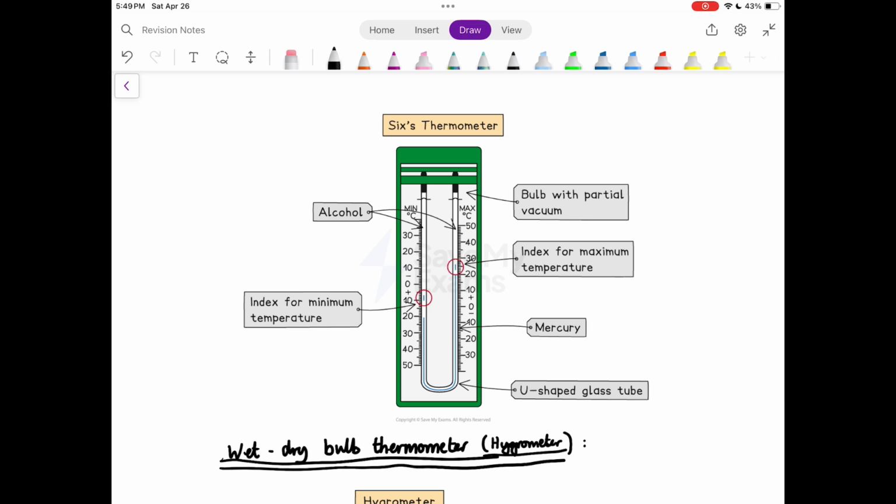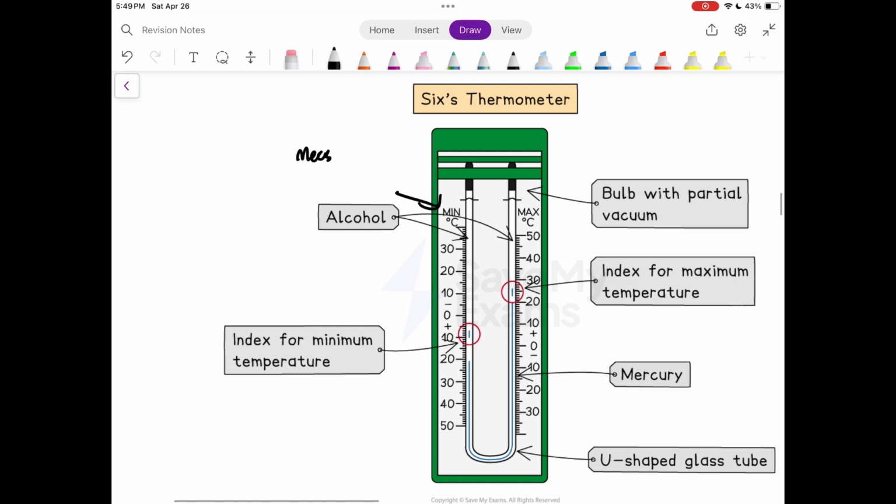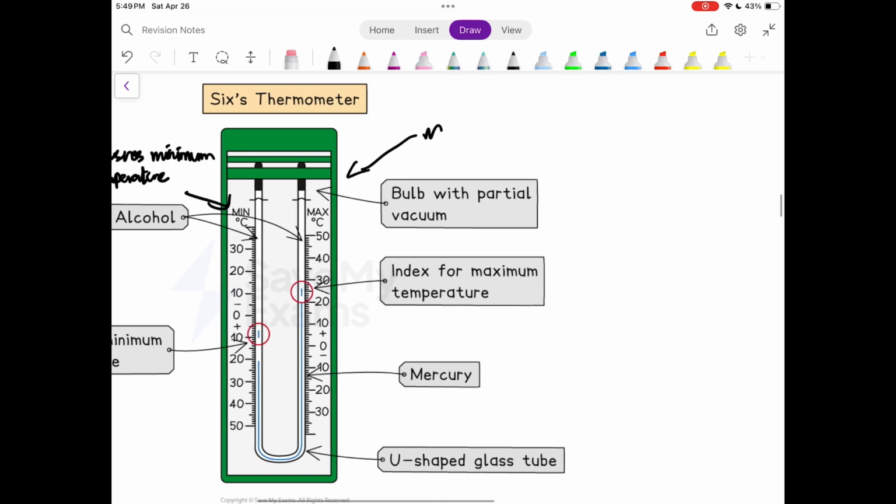As you can see on this side here, this side measures minimum temperature, and the other side measures maximum temperature.